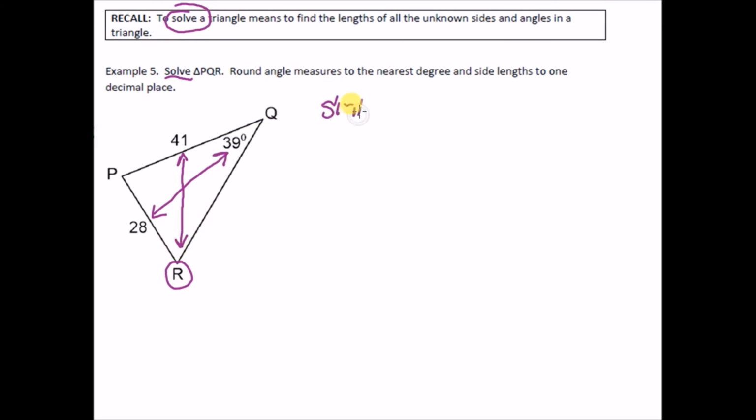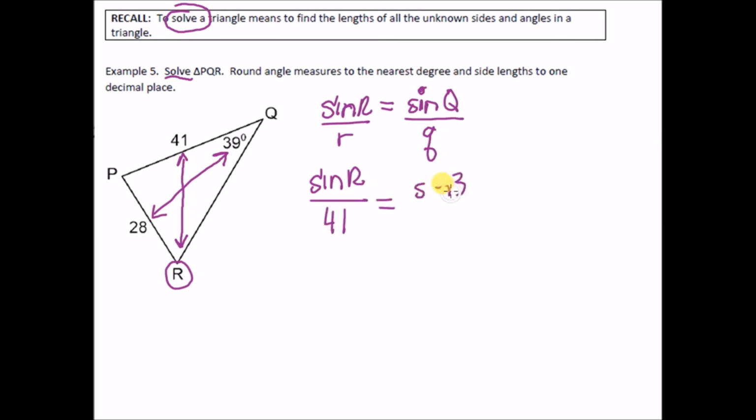So we have sine R over R equals sine Q over Q. So sine R over 41 equals sine 39 over 28.